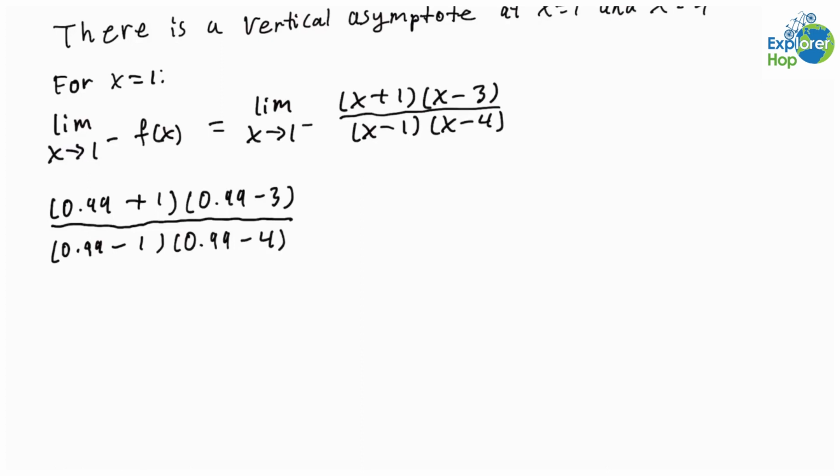And this is equal to negative 3.9999 over 0.0301, which is less than 0. So this indicates that the limit as x approaches 1 from the left goes to negative infinity. So this limit is equal to negative infinity.